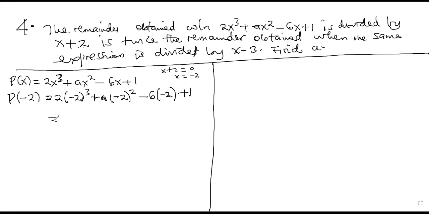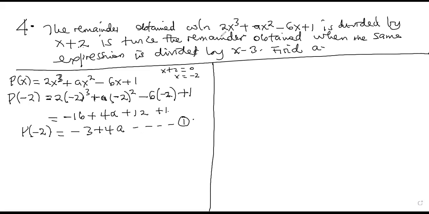This would mean that we shall have, this is negative 8, so it gives negative 16, plus 4a, plus 12, then plus 1. So this will give you p of negative 2 as equal to negative 3 plus 4a, because 12 plus 1 is 13, minus 16 is negative 3. I'll call this my equation 1.